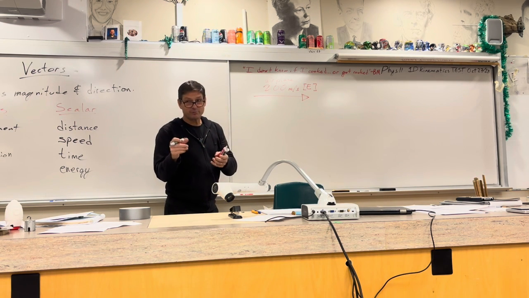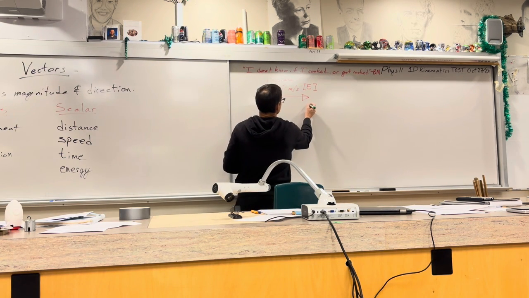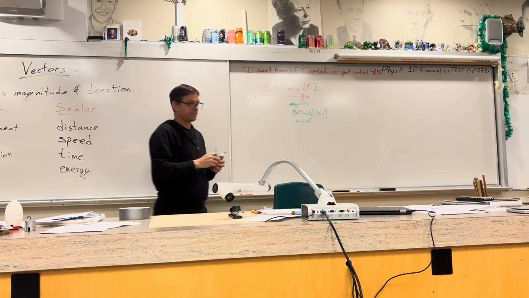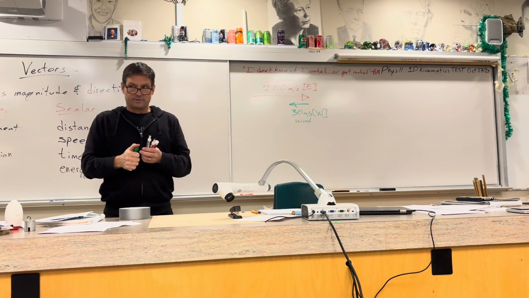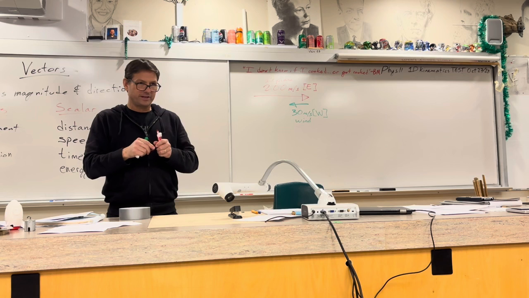You're flying your airplane into the wind. So let's say you have a 30 meter per second wind to the west. What would the ground speed of the airplane be?